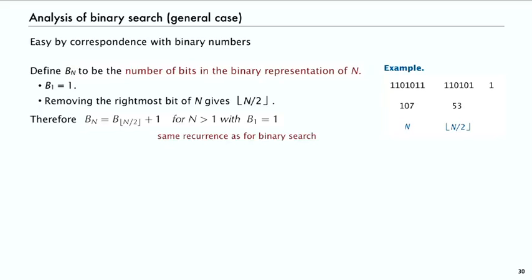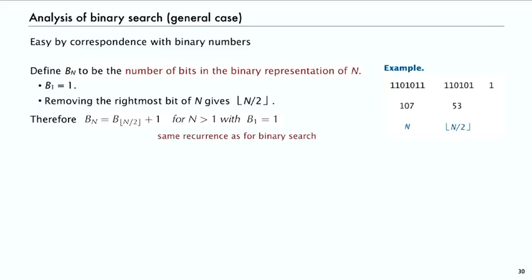You can check pretty easily that you can just remove the rightmost bit. If you remove the rightmost bit, you get floor of n over 2. And you removed 1 bit, so the number of bits in the binary representation of n is the number of bits in the binary representation of floor n over 2, plus the 1 bit.